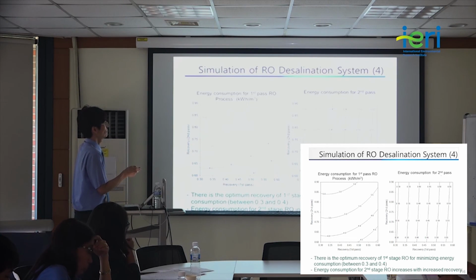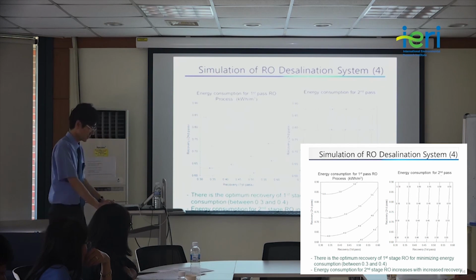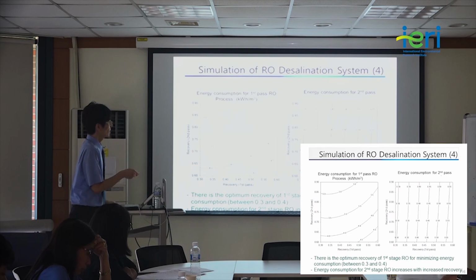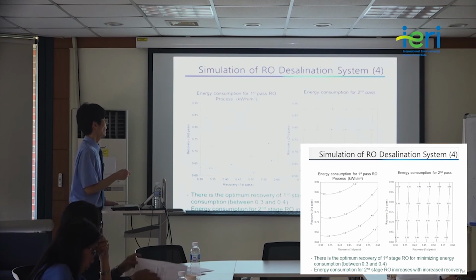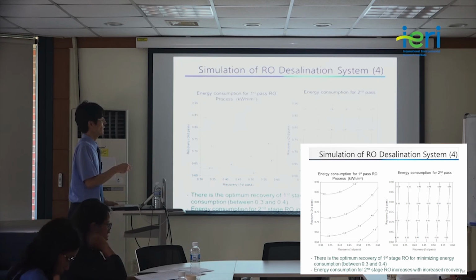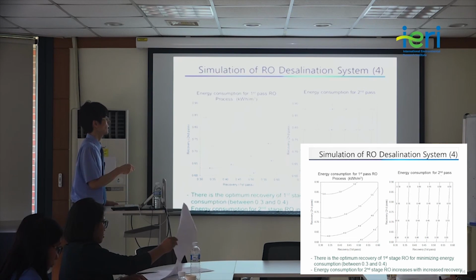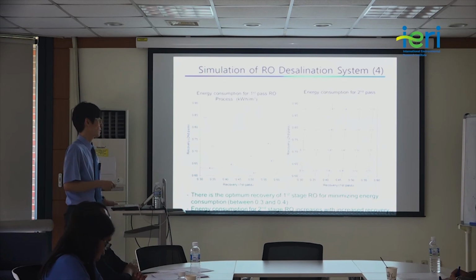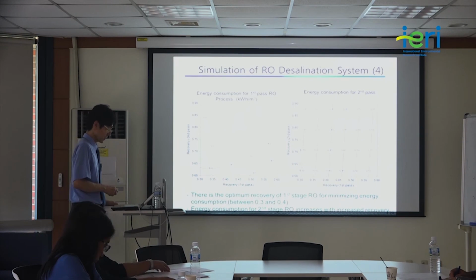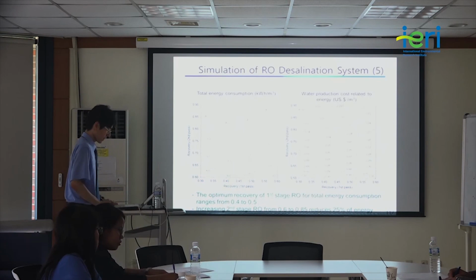And the final result here is the energy consumption for the second pass reverse osmosis. In this case, the first pass recovery does not significantly affect the energy consumption in the first pass. The first pass recovery is the dominant factor affecting the energy consumption in the second pass. And in fact, the recovery for the second pass is not really important in this case.